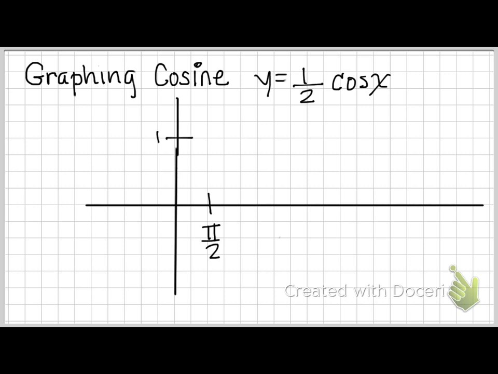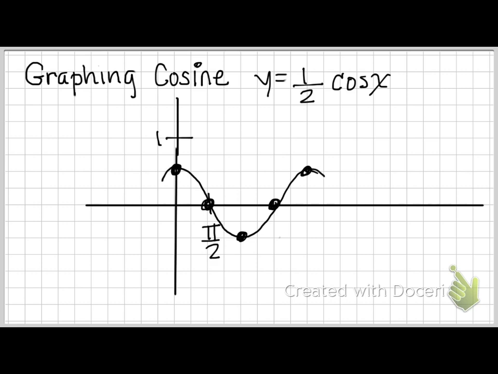So if I stick with this y scale of 1, then we're going to go (0, 1/2), (pi over 2, 0), (pi, negative 1/2), (3 pi over 2, 0), and 2 pi back up to 1/2. And we're going to have a cosine wave.